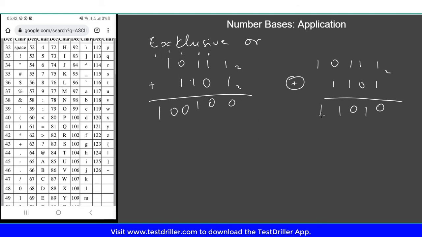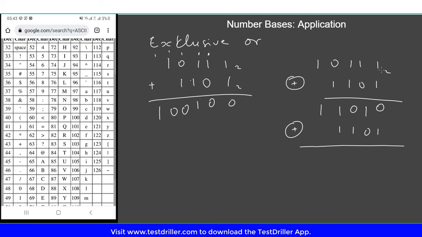If you take this answer and perform this exclusive OR with the same value, this same 1, 0, 1, 1, added to the result here, it will give you the original result.